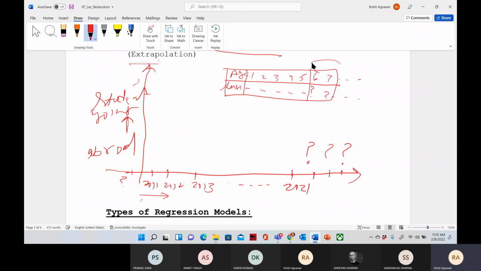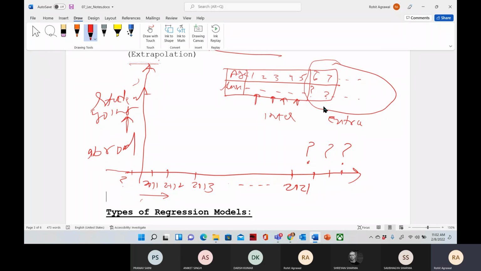So this is called extrapolation, meaning outside the data range. And suppose you predict the height in between two points, say at 1.5 years, then it comes in the category of interpolation. Clear? So this is interpolation, this is extrapolation.